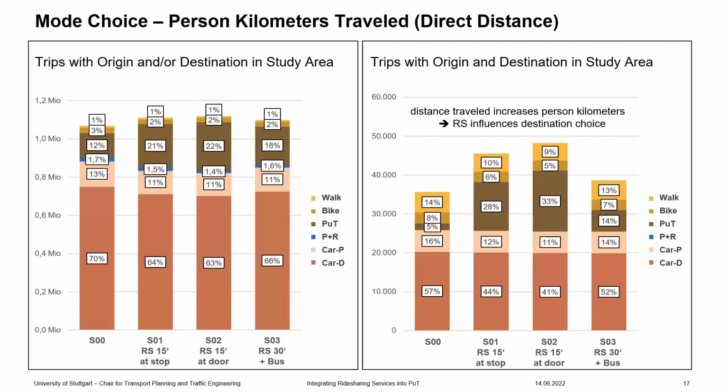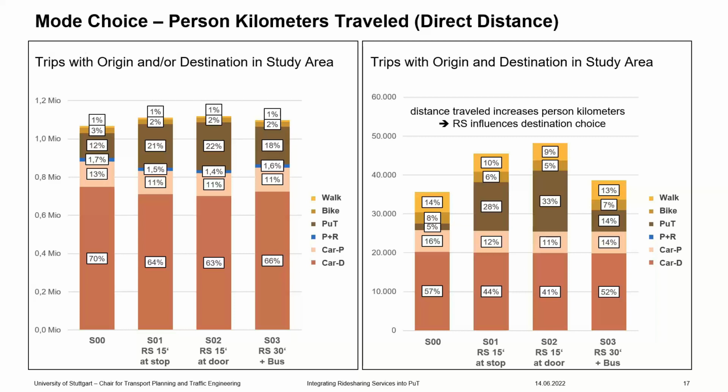in person kilometers traveled. On the left side, we have the trips with origin and or destination in the study area, and on the right side, only the trips within the study area. I mainly want to show you here that the public transport share increases in our ride-sharing scenarios.